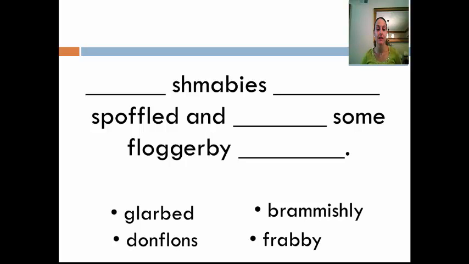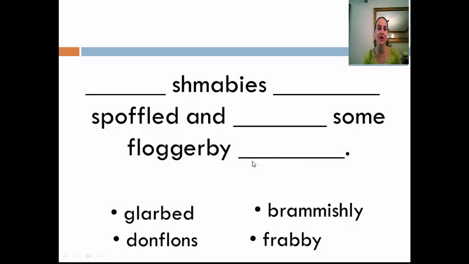So let's see. If any of you placed Frabby here, Frabby schmabies, and then glarbed, Bramishly right here, spoffled, and glarbed some floggerby donflons, you would be right.